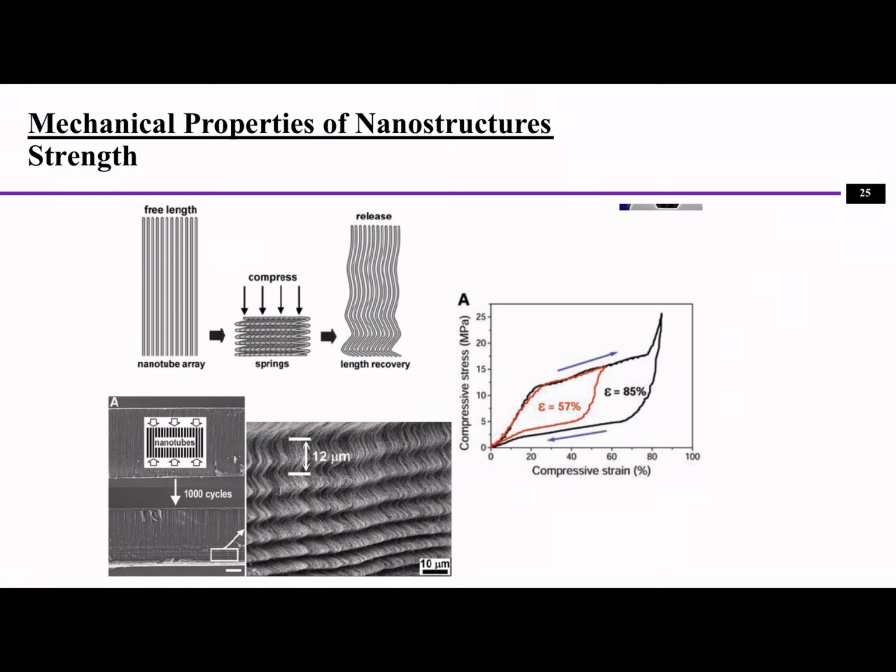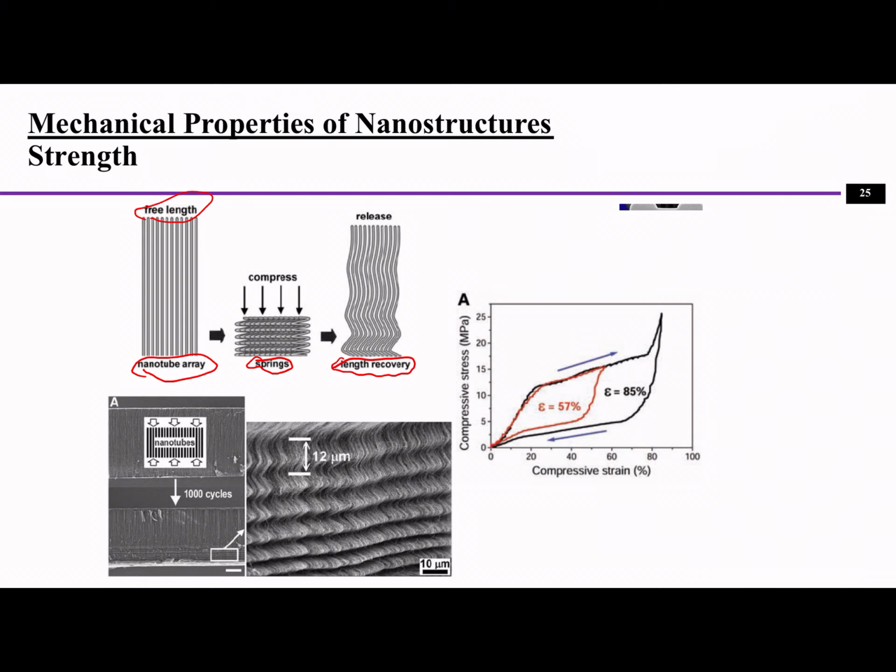And here you can see a nanotube array. When there's no force pressing on it or stretching it, it has a free length. When there is a compression force, it operates as a spring system. And once the force is released, it recovers its original length.